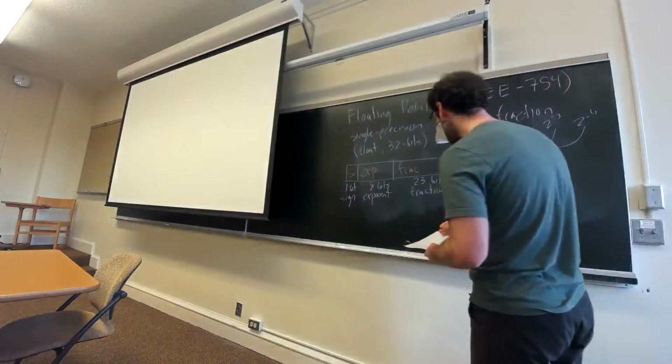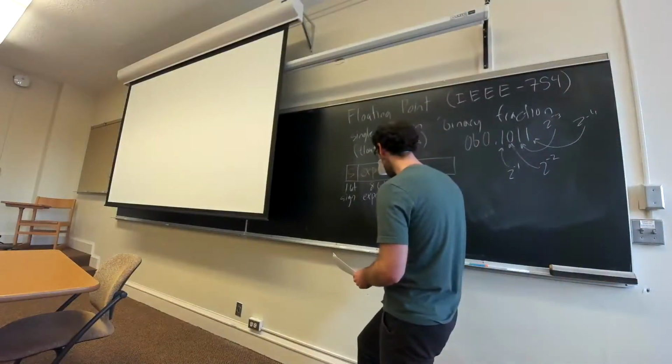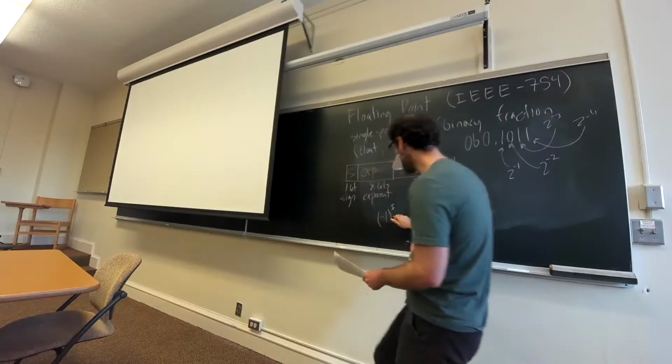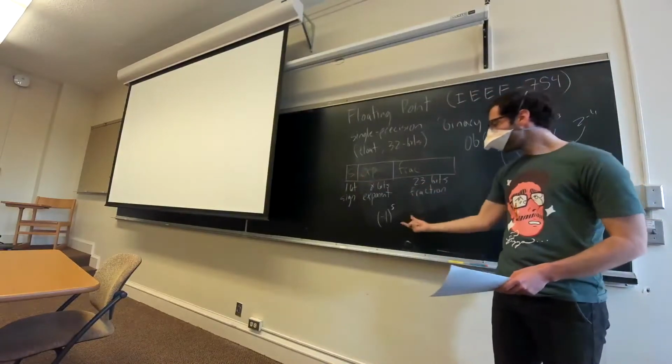And the idea is that we have -1 to the power of this bit s. So if s is 1, we'll have a negative number.